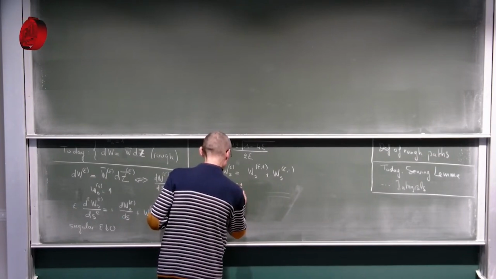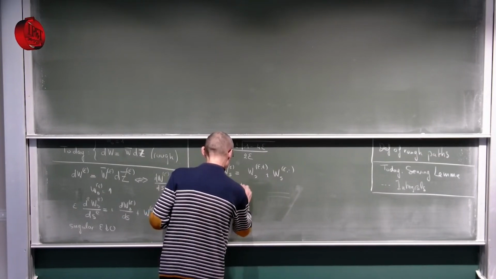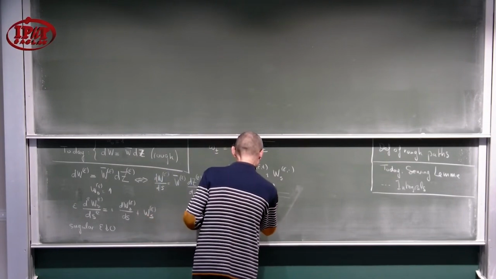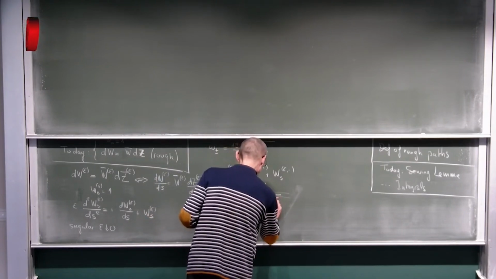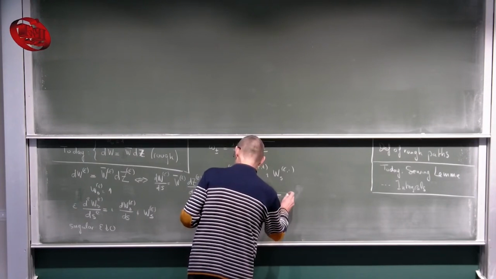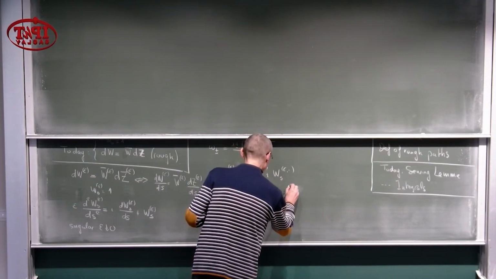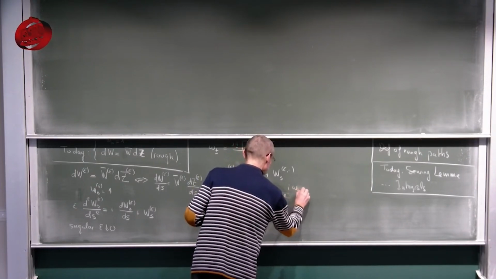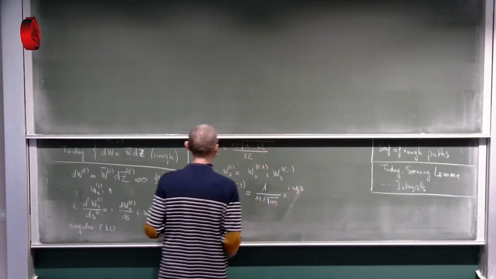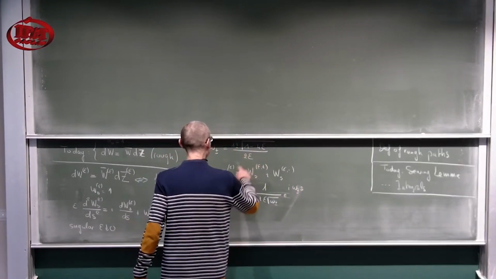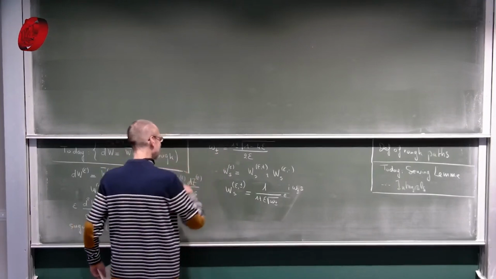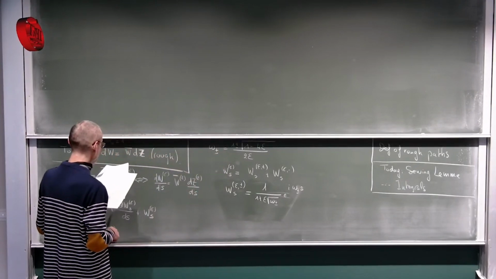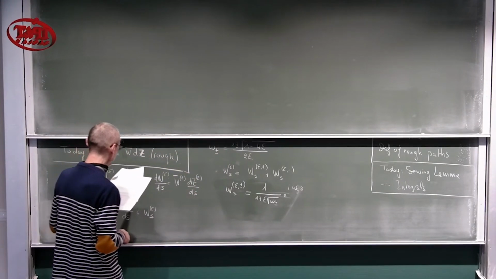Plus minus s is going to be 1 divided by 1 plus epsilon omega plus minus to the i omega plus minus s. Is that correct? Yeah, okay, yes.